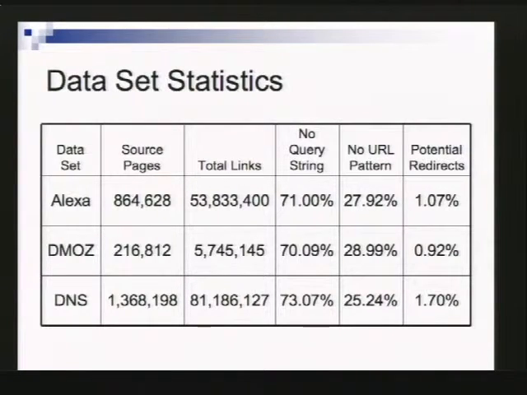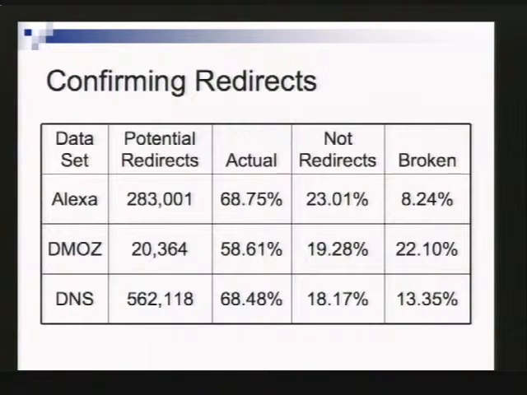So out of the 140 million links that we started with, somewhere between 1 to 2% of those actually looked like what could be a dynamic redirect, right? So we looked at those. Remember we said for query strings, we'll look at a question mark, and then we'll look for http://.